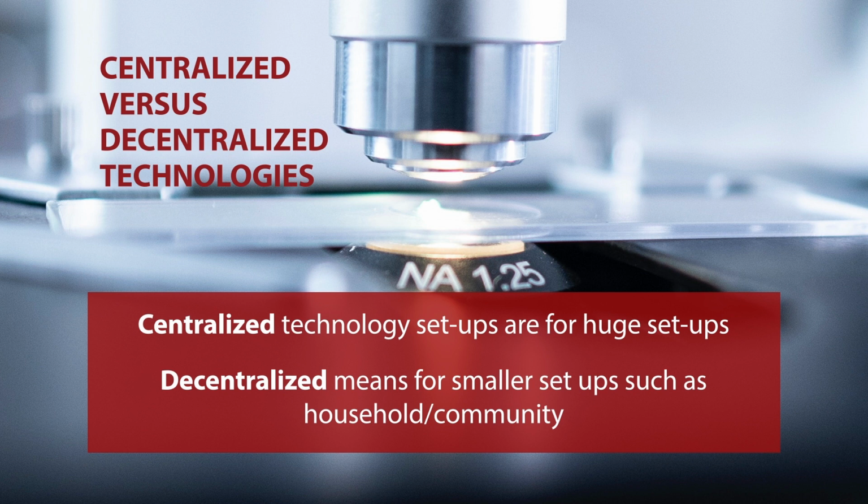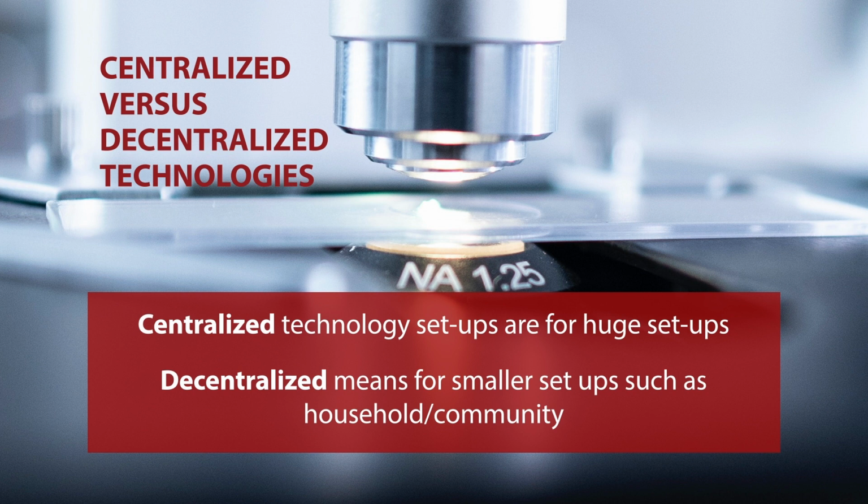So, a centralized technology is a technology which caters to huge setups, while a decentralized technology system is for smaller setups such as a small household or a block or a small community setup.